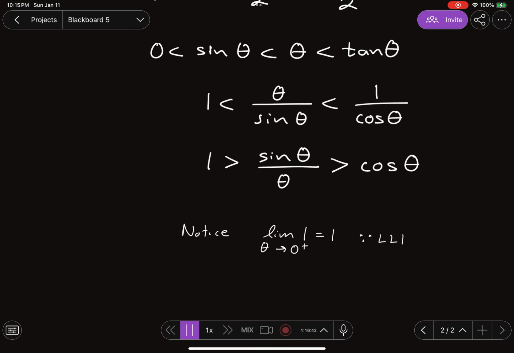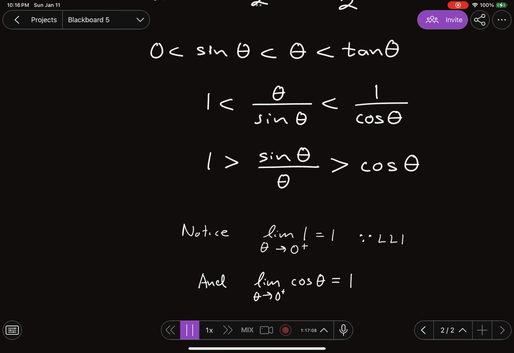And I know we just proved that the limit as theta approaches 0, from the left or right, of cosine of theta is equal to 1. So this approaches 1 as theta approaches 0. Duh. This also approaches 1 as theta approaches 0. So what must this approach, since it's wedged between these guys?